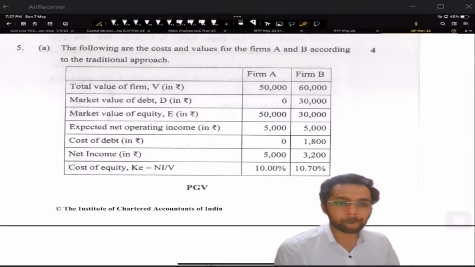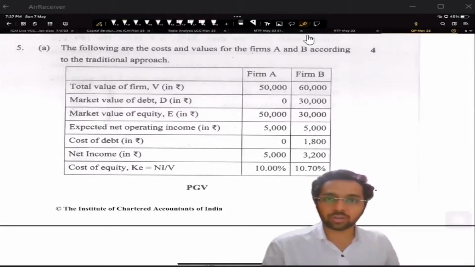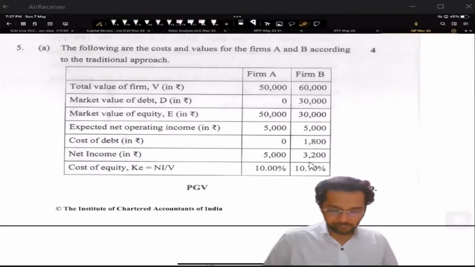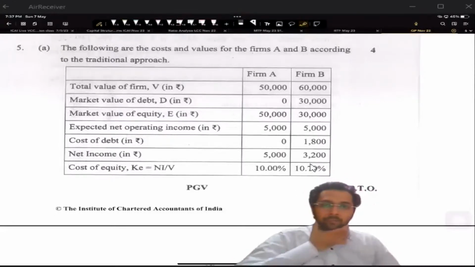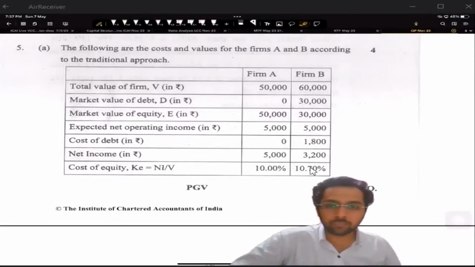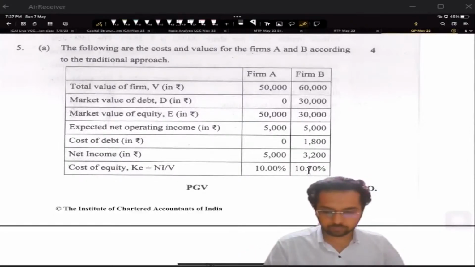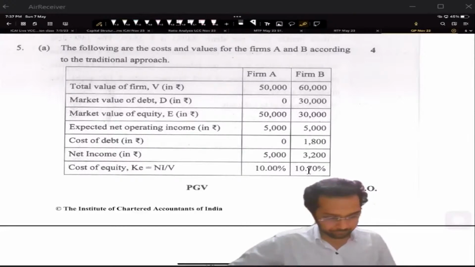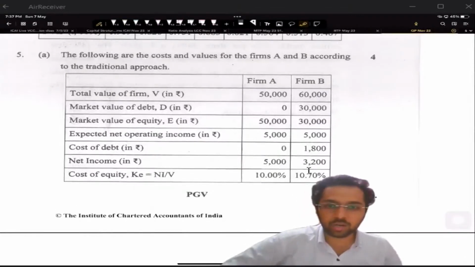Okay, fine. So let's look at this solution now. This question 5A. So there are two firms which are given to us.